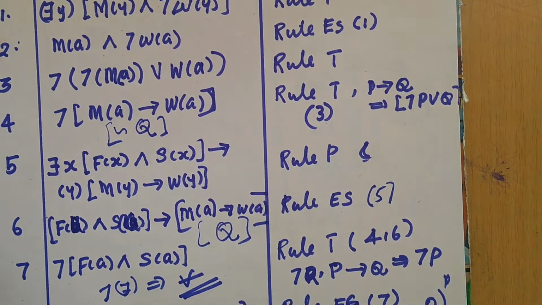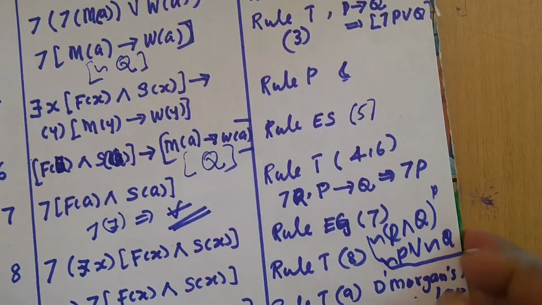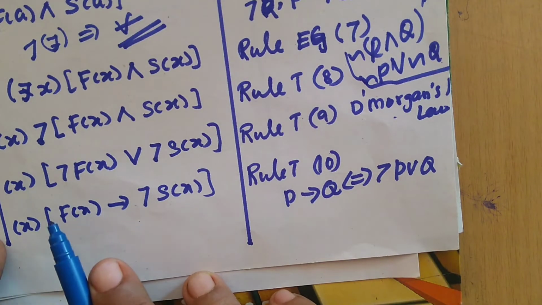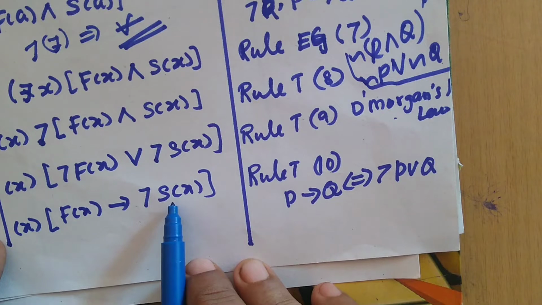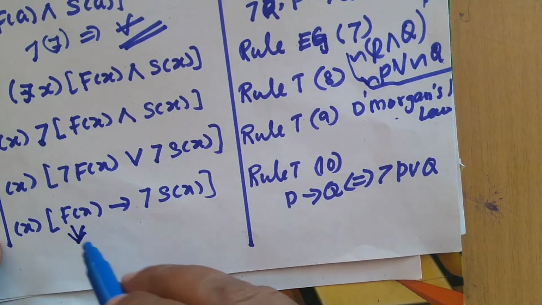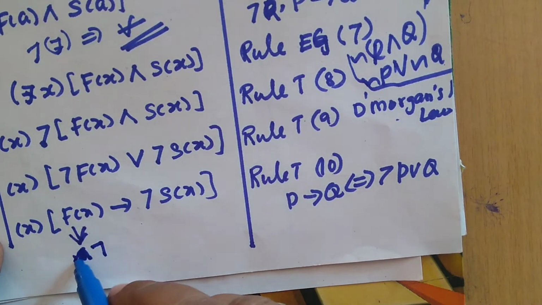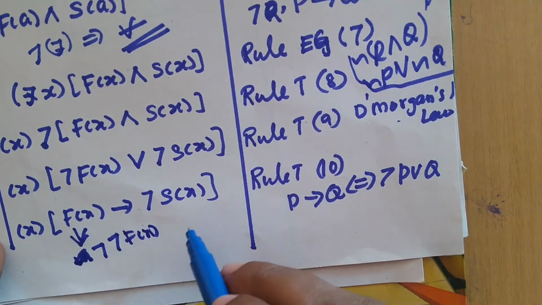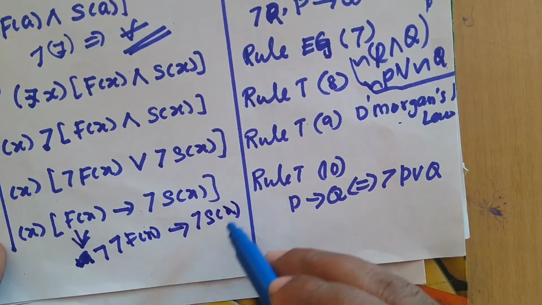So that means negation of f of x implies negation of s of x. So this we can write as negation of f of x implies negation of s of x.